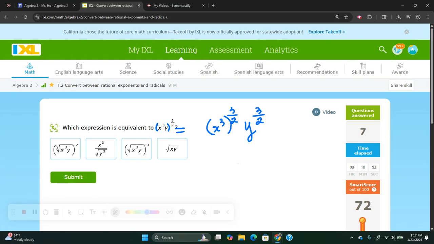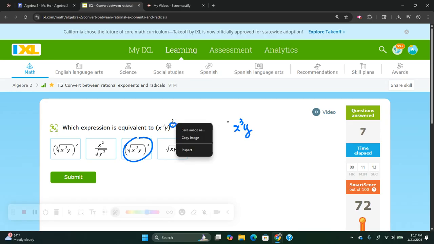Maybe we can do it this way a little bit faster. Let's clear it out over here. You can see this is the option, is that right? So x power 3 and then y, with power 3 over 2. So the 2 should be the square root, and then the power 3 over here.